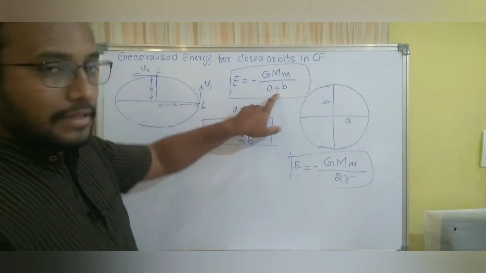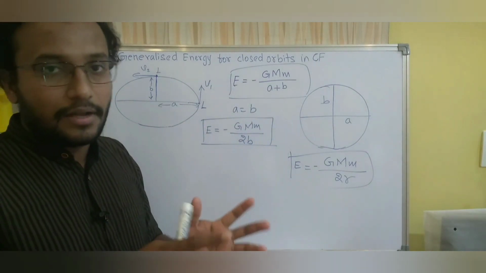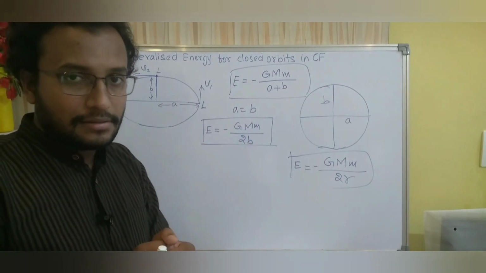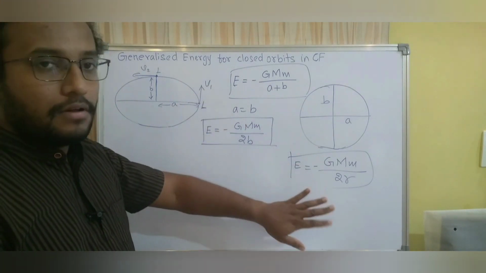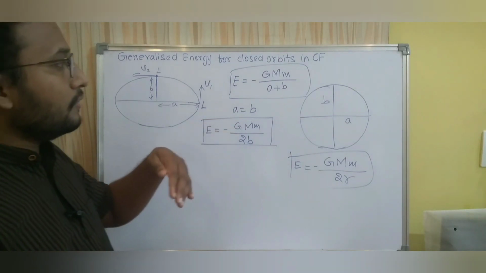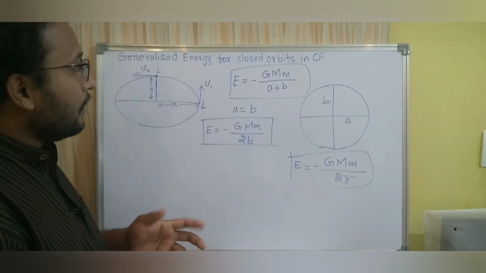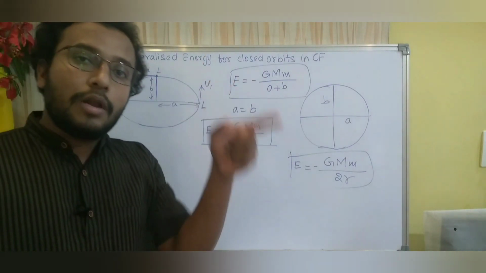By substituting the condition for circular orbits, what is the condition? Both the semi major axis and semi minor axis are going to be equal, and then we will get the formula for the energy in circular orbits. Or if they are not equal, and the difference between A and B is bigger, the orbit is going to be more and more elliptical.